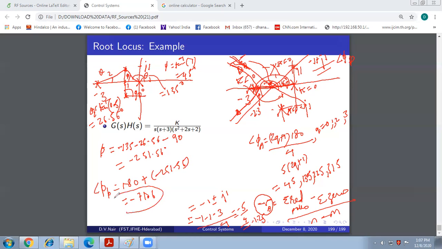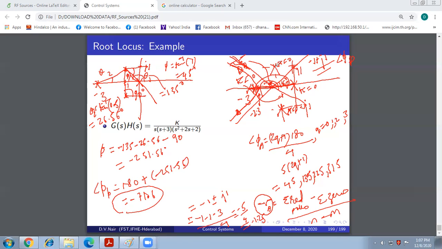So this is the angle of departure at the pole. Where will minus 71.6 degree be? Here you will draw it like this. Minus means you will measure in clockwise direction. So the angle of departure will follow this line.